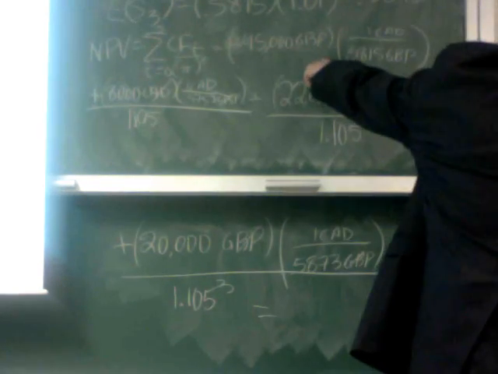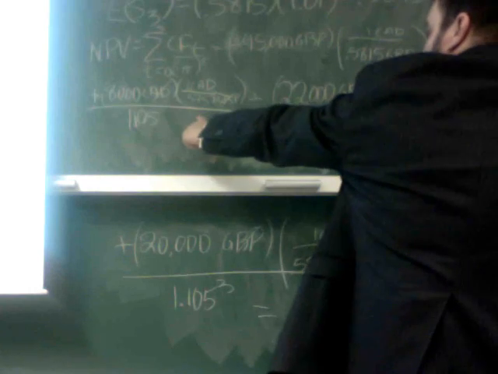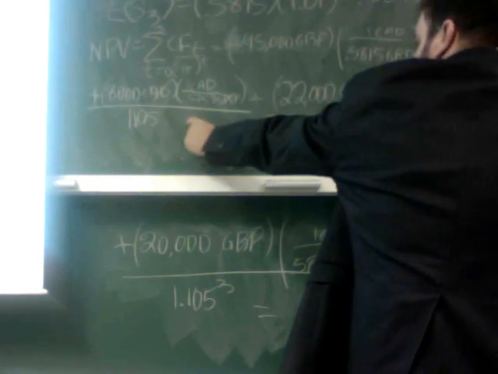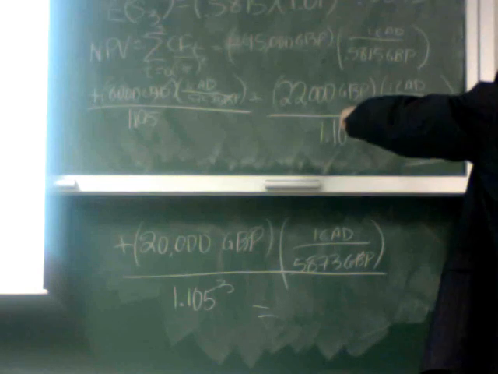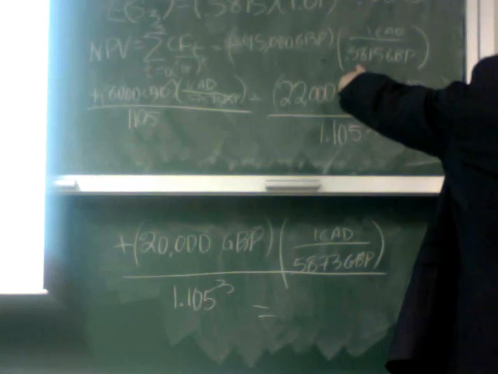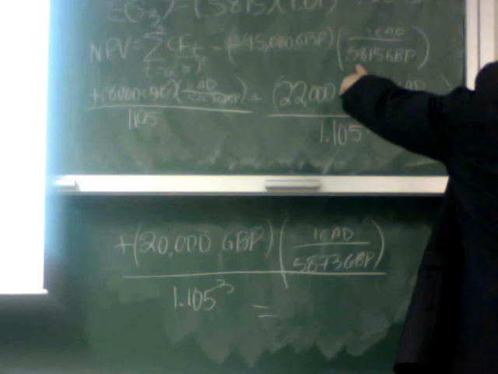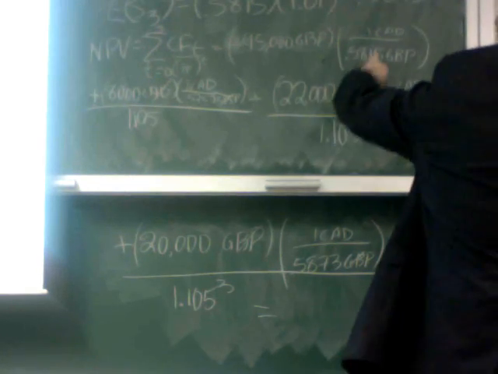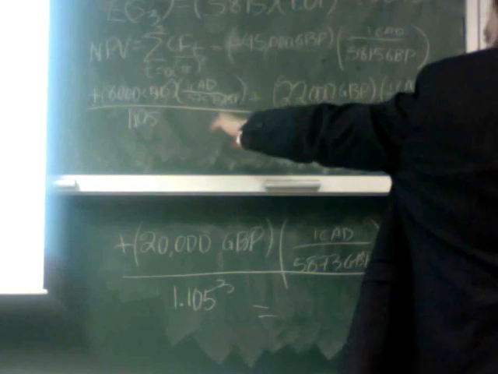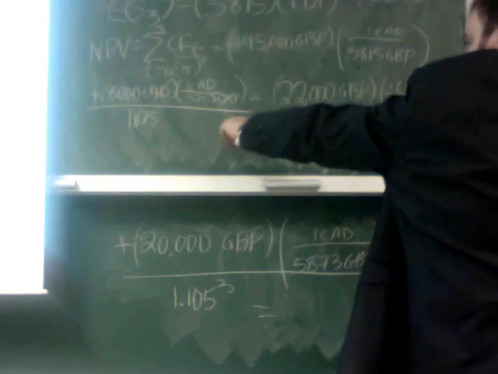So everything's equal to the cash flow in year 0, so the initial investment, discounted to year 0, so it's really just divided by 1.